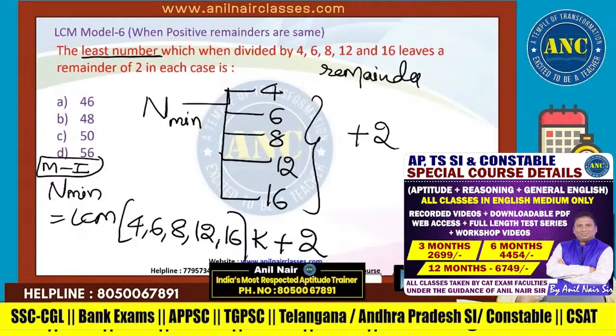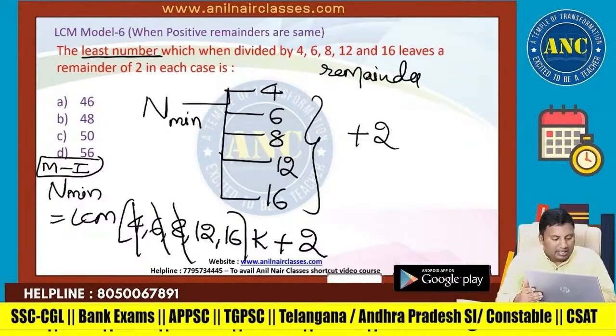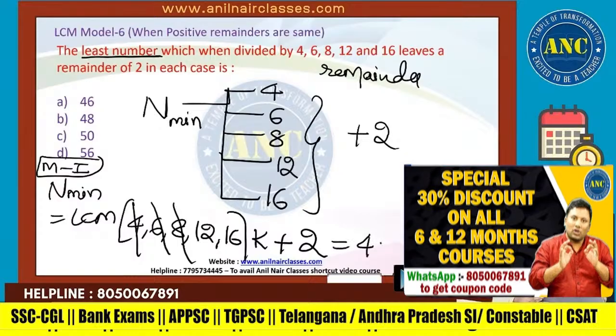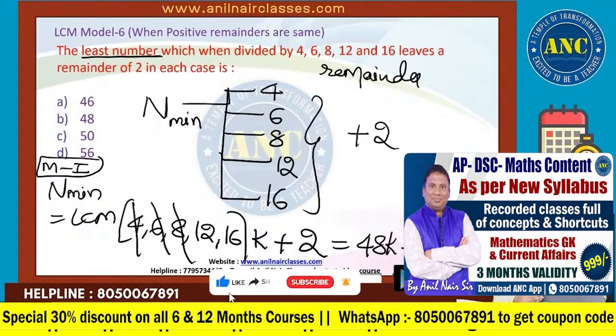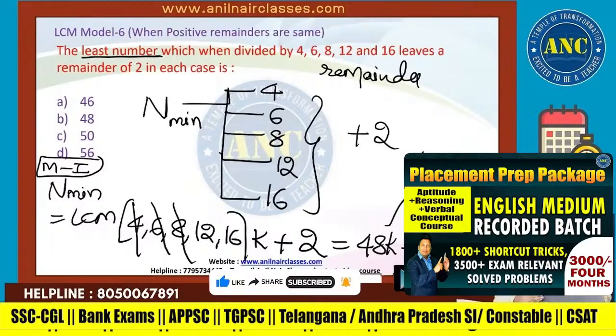Now 4 is a factor of 8, 6 is a factor of 12, 8 is a factor of 16, so the LCM of 4, 6, 8, 12 and 16 is 48. The number is 48k plus 2. Because it is minimum, k minimum is 1. So 48 plus 2 is 50.